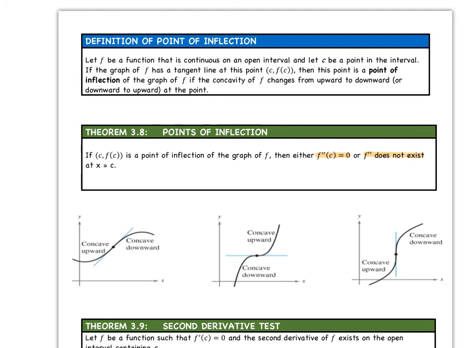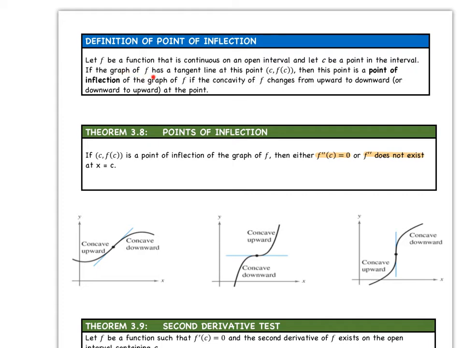Now we need to talk about points of inflection. The definition of a point of inflection: let f be a function that is continuous on an open interval and c be a point on the interval.